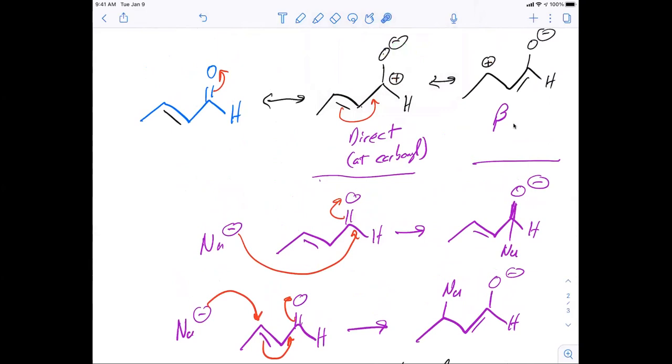The one directly attached to the oxygen or the one that's delocalized from the oxygen? Because of the electron withdrawing nature of the oxygen, this one should have a lower electron density. So if we look at the molecular orbitals for this one, it will have a lower coefficient for electron density, or be more positive. This one will be less.